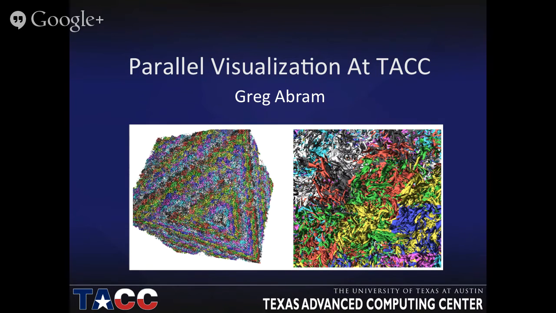The picture you're looking at here is a data set that we have. I believe it's actually that turbulent flow data set, isosurface. Each one of these areas of color is a piece of the overall data that's being generated on a separate node.